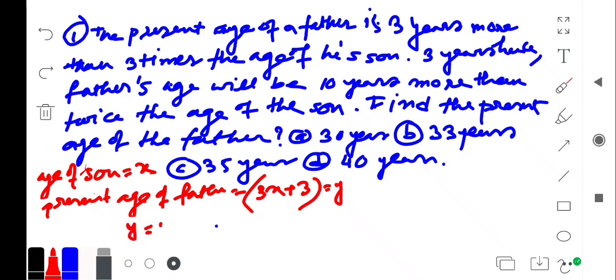So y equal to 3x plus 3, right? Okay, next.